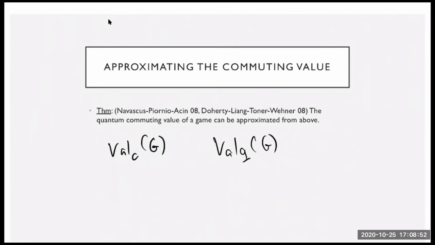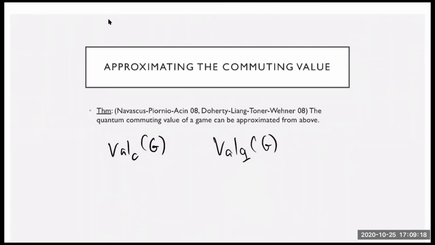So val_q of G is the same as val_qs, which is the same as val_qa, because we said that the supremum is just over the closure. So the fact that C_qa is the closure of C_q and C_qs automatically means that this supremum is the same. So I'm erasing the val_qs and val_qa, since they are the same.